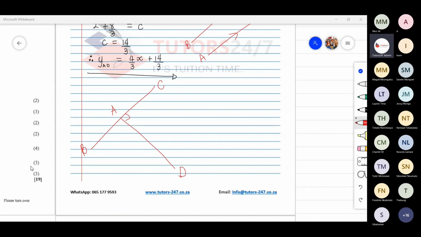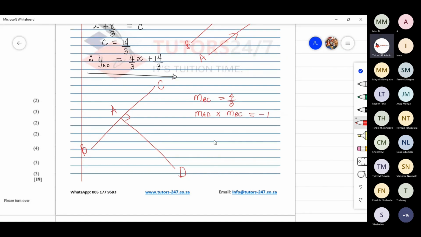So if these two lines were stated as perpendicular, right? Because we've previously calculated the gradient of BC as equal to 4/3, if we wanted to find the gradient of AD, all we would need to do is use the formula that I shared with you in the PDF in the group. It states that the product of their gradients is equal to -1.